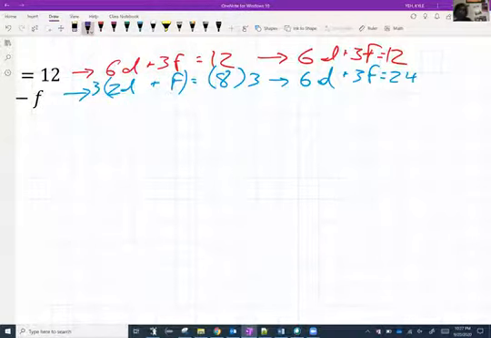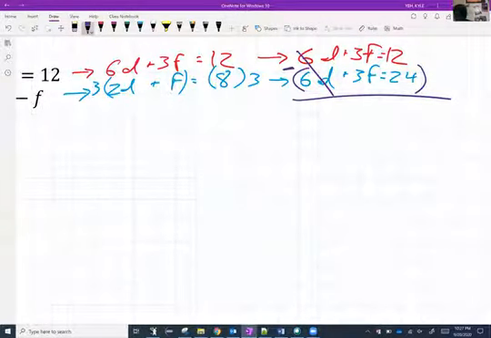And so now I'm ready to eliminate. I matched my 6D and 6D. So to get rid of that variable, I'm going to subtract this entire equation because I know 6D minus 6D is gone. D's are gone. But 3F minus 3F is also gone. We get 0 equals 12 minus 24. 0 equals negative 12. Clearly it doesn't.